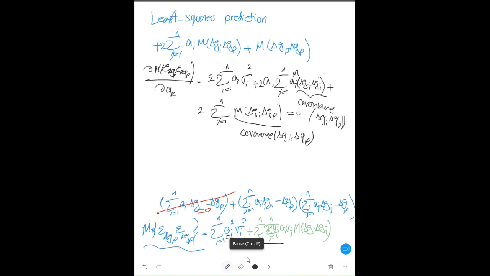If I solve this equation for a_i, I will get a_i equal to the covariance of delta G_i and delta G_P, divided by the covariance of delta G_i and delta G_j plus the variance.